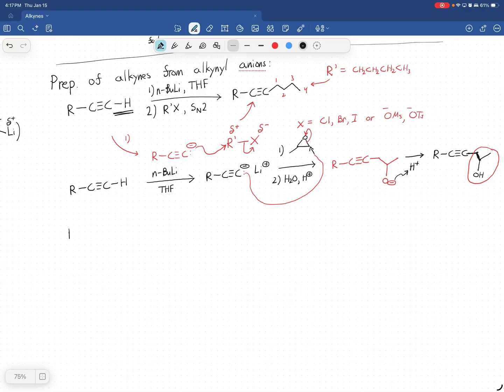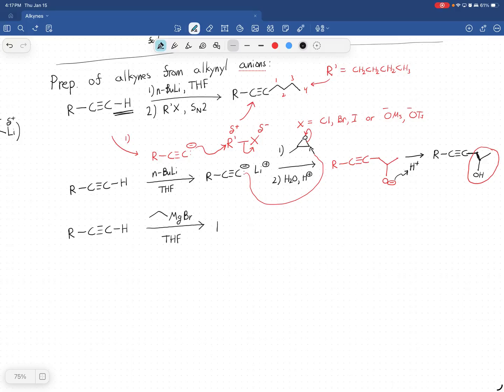All right, let's go to R. Same alkyne we've been using. This time we're going to use a Grignard reagent. Remember, Grignard reagents are also great bases, so we can use them to deprotonate reagents.